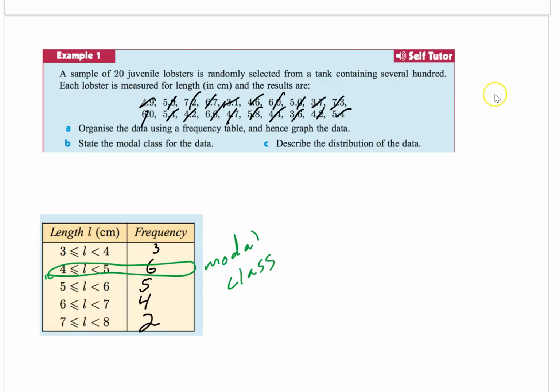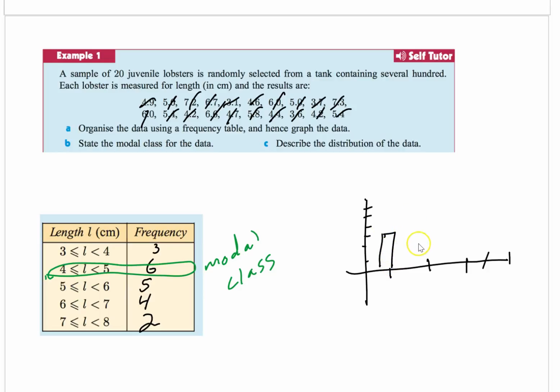And then describe the distribution. There's lots of ways you can do that. A lot of times I find it easiest to graph it, like a quick little crappy graph, as I always draw. So 3 and 4, let's do down here, and then 4 and 5, 5 and 6, 6 and 7, 7 and 8, then kind of go 1, 2, 3, 4, 5, 6. That's all I need to go to. So this goes to 3.